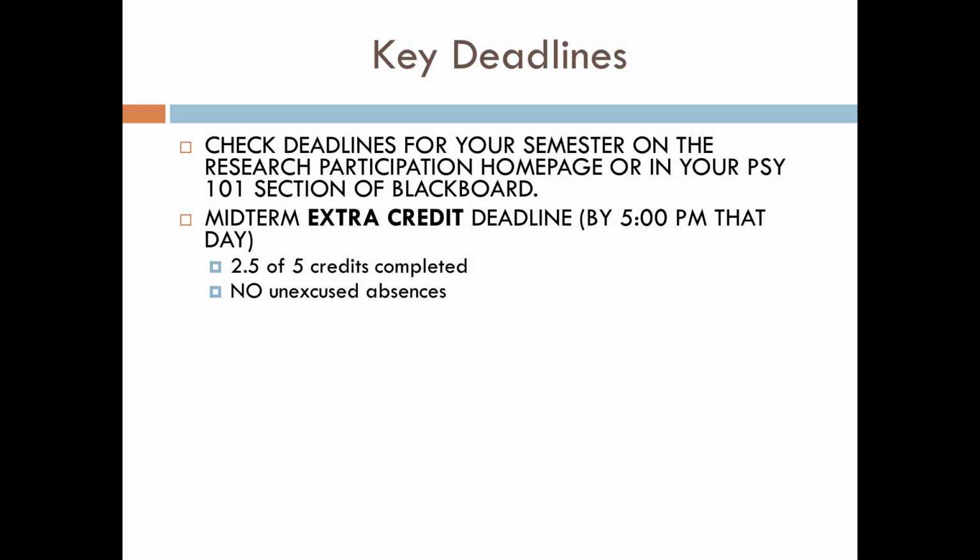Now, keep in mind that the psychology participation is mandatory, and so it itself is an actual credit. If you do not complete the research requirement, then you receive an I incomplete grade. This is an opportunity. This extra credit is available to you if you get 2.5. It just encourages people to not procrastinate participating in the research through the semester.